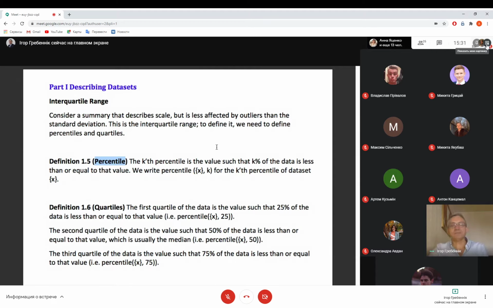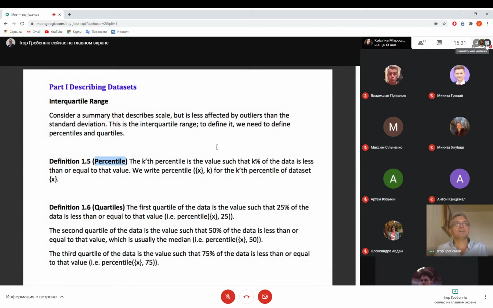For example, we consider your student group and your points, your grades in theory of probabilities from, for example, 60 to 100.